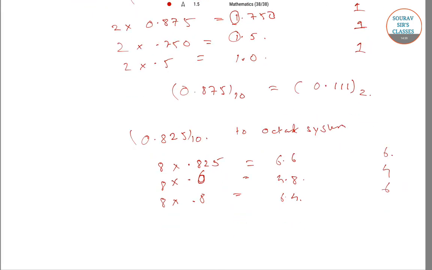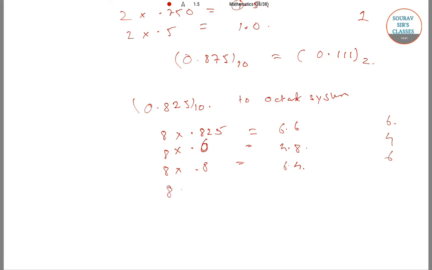Then 8 into 0.4 equals 3.2, so we take 3. Next 8 into 0.2 equals 1.6, so we get 1. Then again 8 into 0.6 equals 4.8, so we have 4.